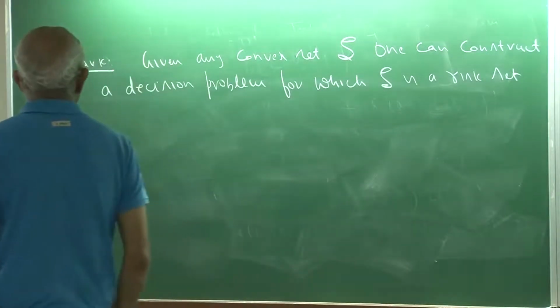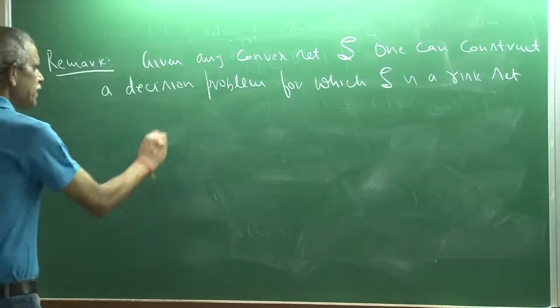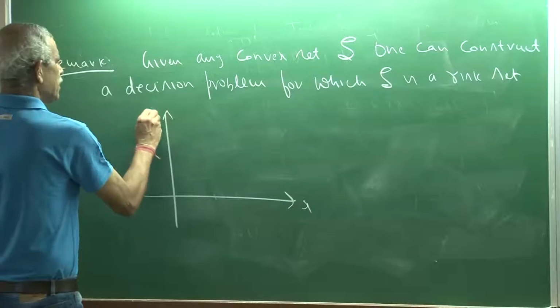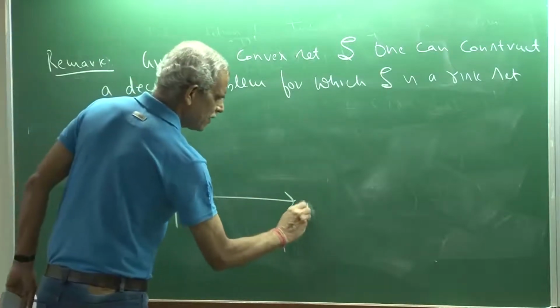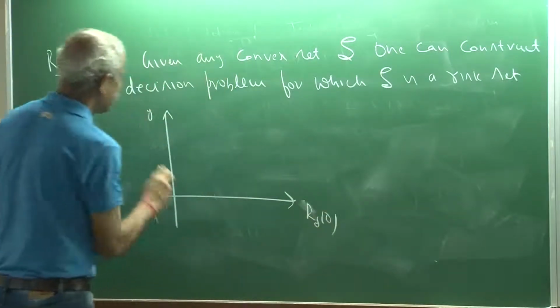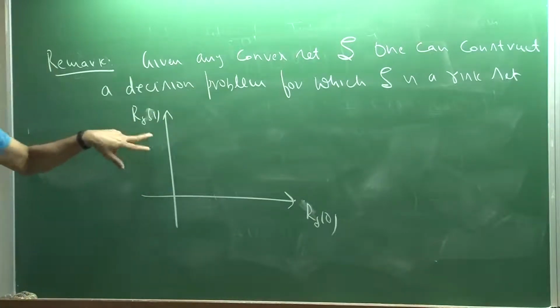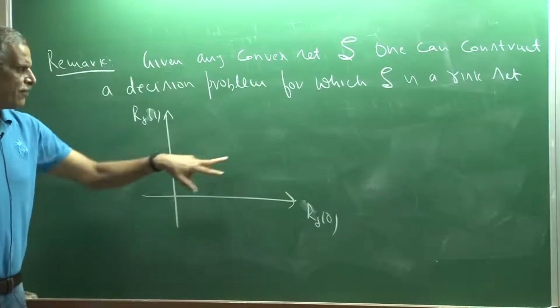So what I know is, if I look at any point in the xy plane, I can denote the x-axis by R delta 0 and the y-axis by R delta 1. Now as you vary delta, you get different points over here.